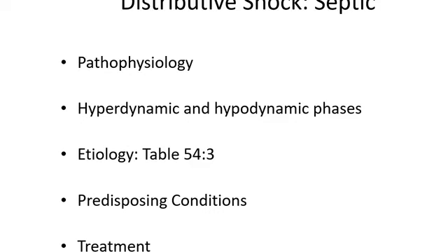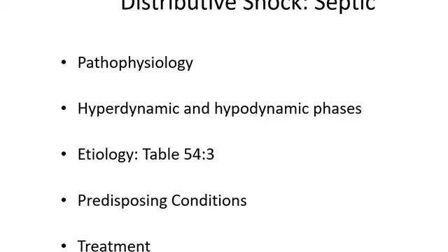So we have a slight drop in the circulating blood volume, relative hypovolemia, not as massive as you see with hypovolemic shock, but enough to impact the delivery of oxygenated blood to your cells, tissues, and organs.